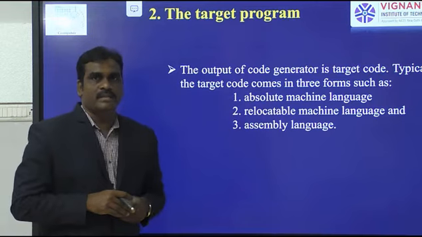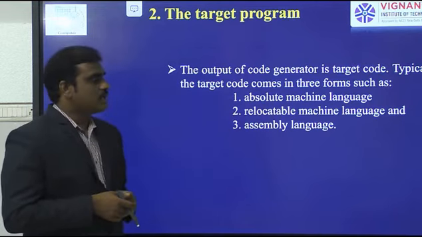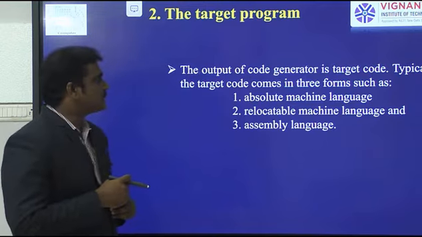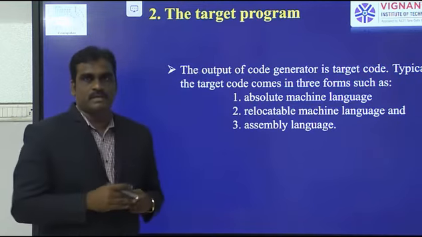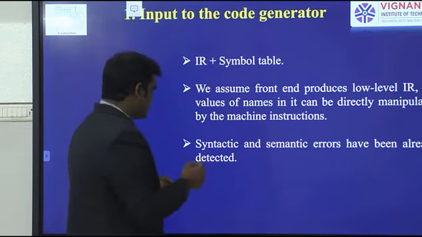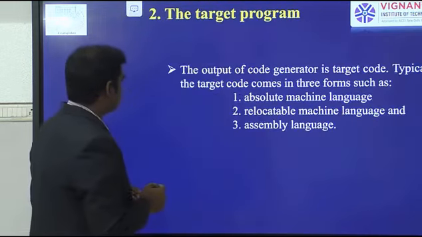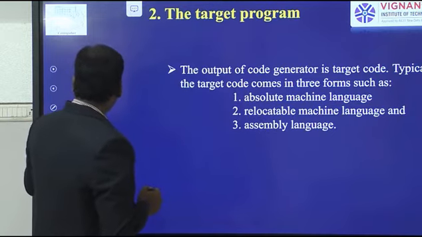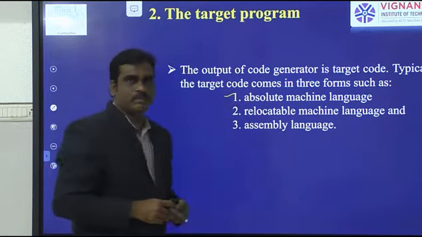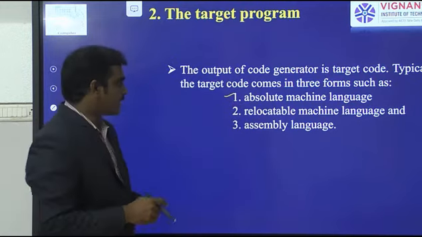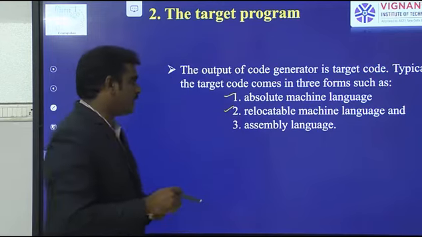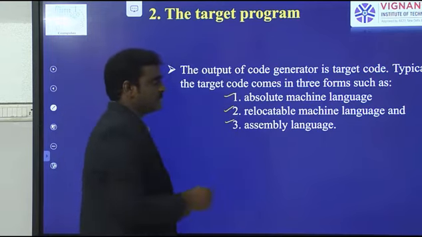And the second point is the target program. The last phase is the code generator, and the code generator produces different types of output. The first one is absolute machine language, the second one is relocatable machine language, and the third one is assembly language.